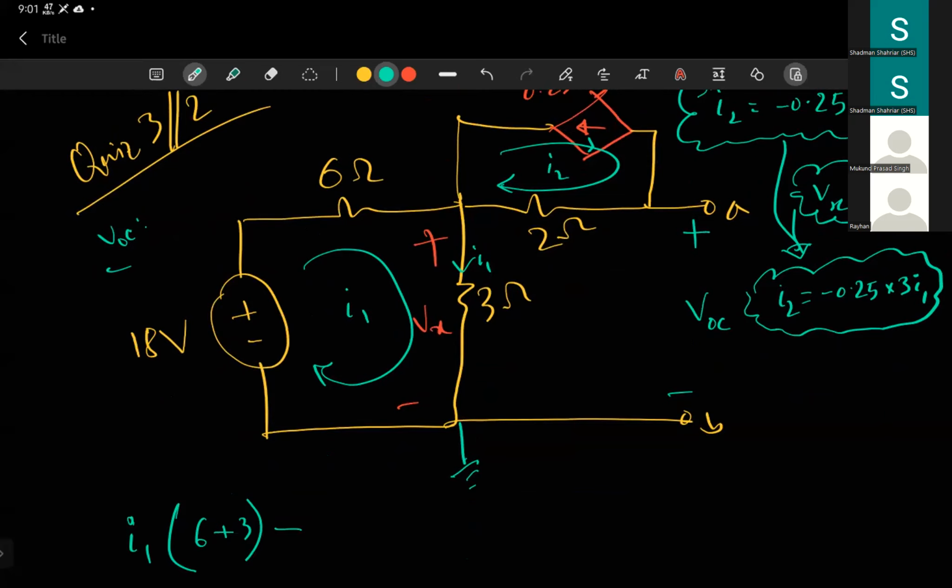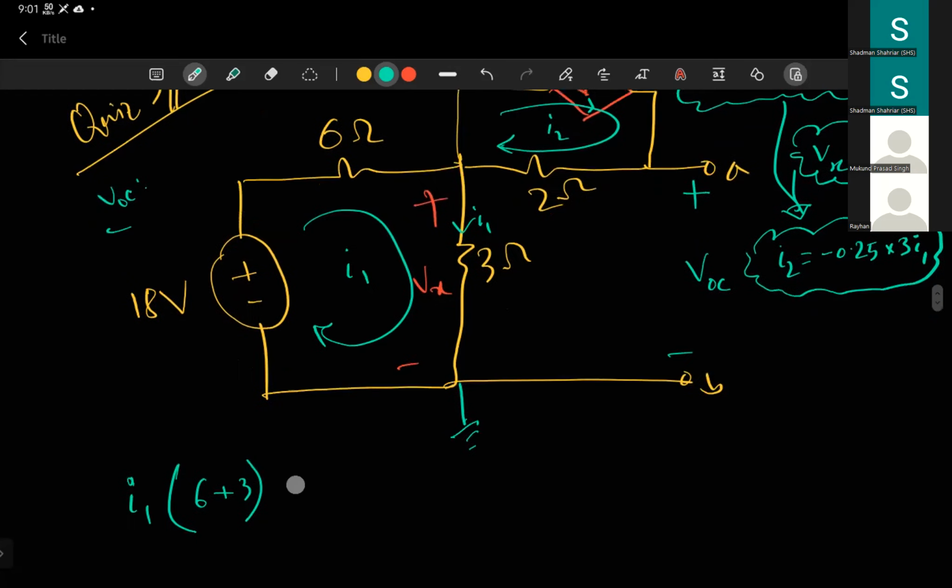By the way, we are not taking this one as a mesh because this is not complete, or this is open, and you don't have a mesh current there, just like when you have a broken connection. And minus 18 equals 0, because you have an 18 volt voltage source and you are hitting the negative sign.